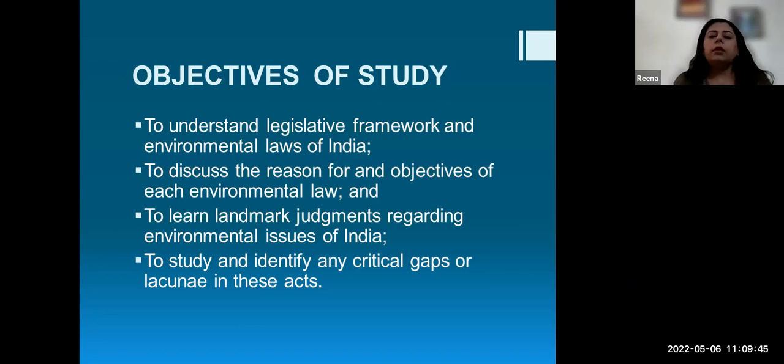Then to discuss the reason for and objectives of each environment law, why this environment law was enacted, and what are the landmark judgments regarding environmental issues of India.